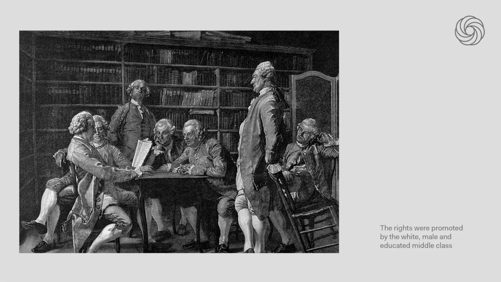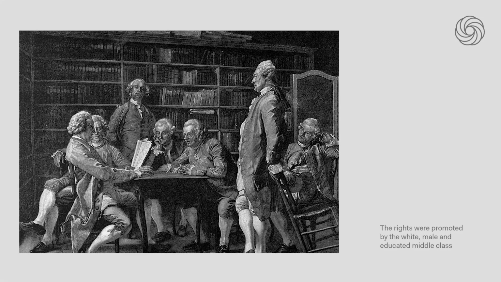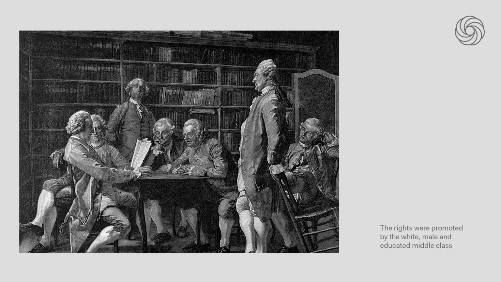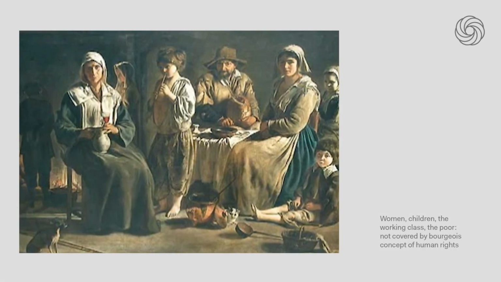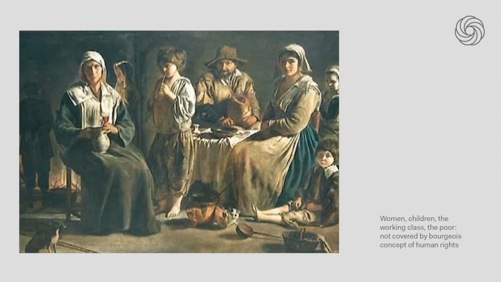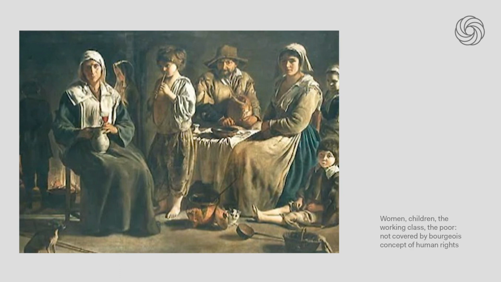In reality, although equality was stressed that much in the French Revolution, these were the rights of white, male, well-educated persons with property. So it means the big majority of the population, women, children, the working class, the poor, were not covered by the bourgeois concept of human rights.